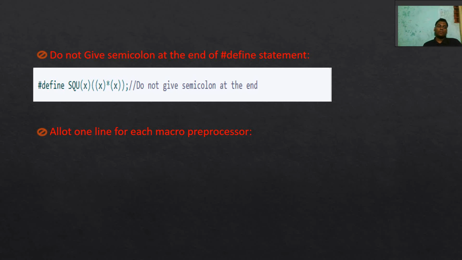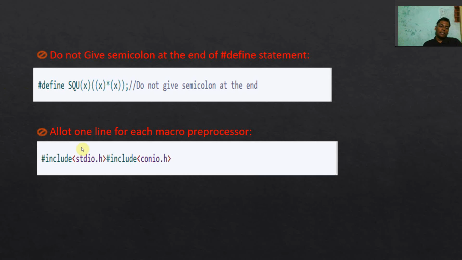We can use as many preprocessors as we want, but we have to allot one line for each one. If we write all the preprocessors on one line, like an include preprocessor and another preprocessor on the same line, it will be wrong and improper, so it is a common mistake.